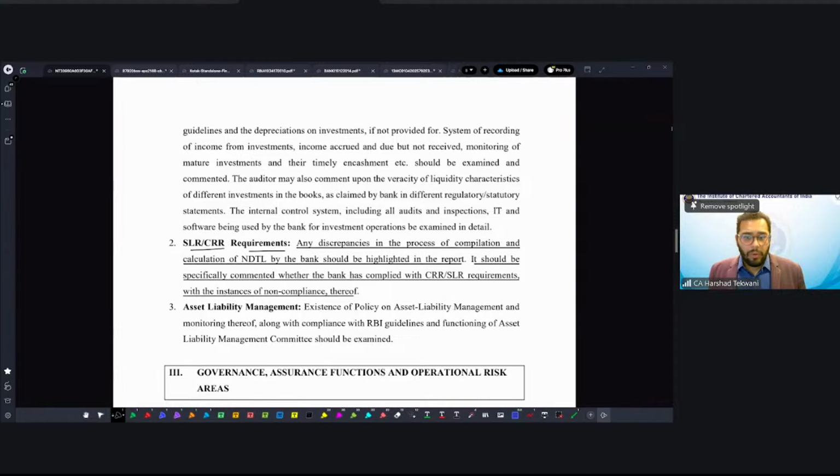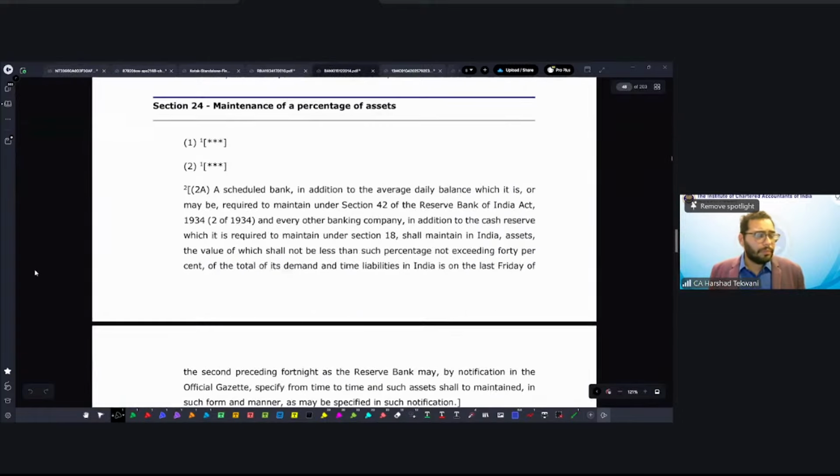Now, why is SLR coming into the picture? Again, the Banking Regulation Act and the RBI Act. I'll take you to the Banking Regulation Act for this one. See, Section 24, the maintenance of percentage of assets.